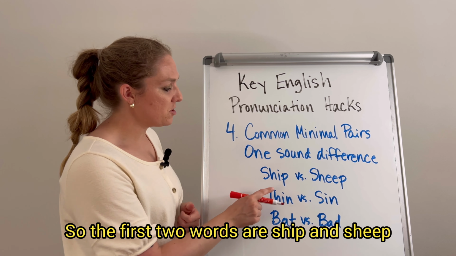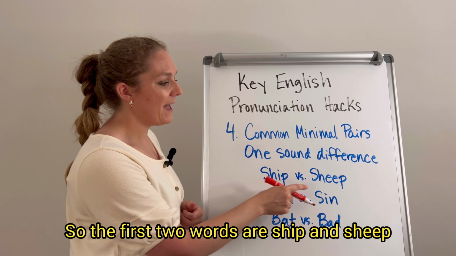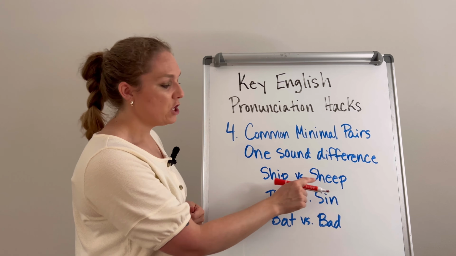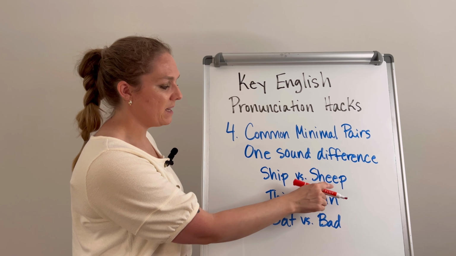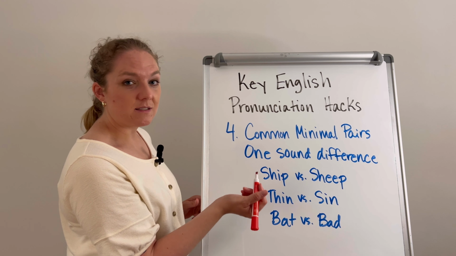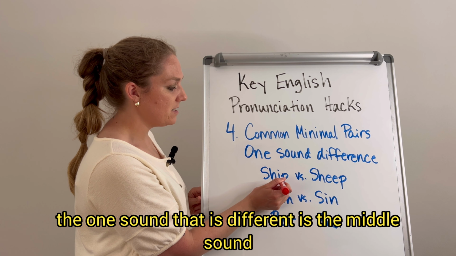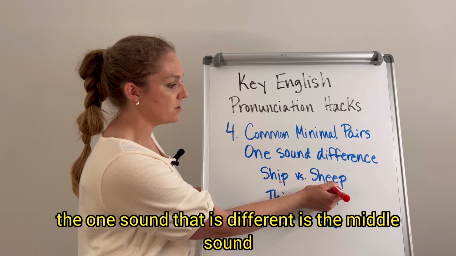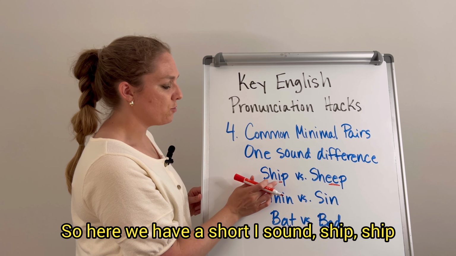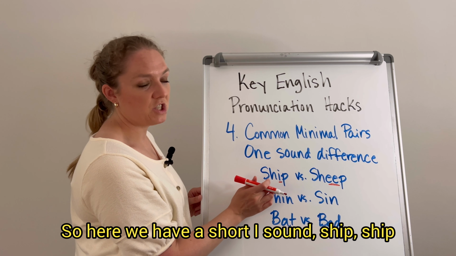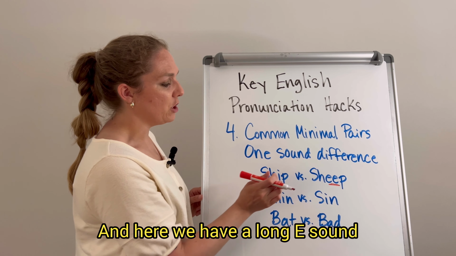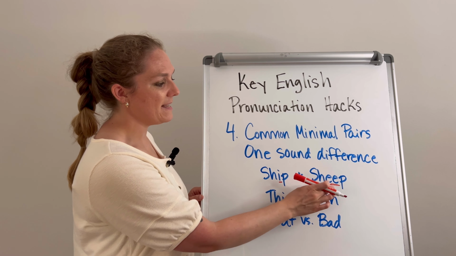So the first two words are ship and sheep. The one sound that is different is the middle sound. So here we have a short I sound, ship, and here we have a long E sound, sheep.